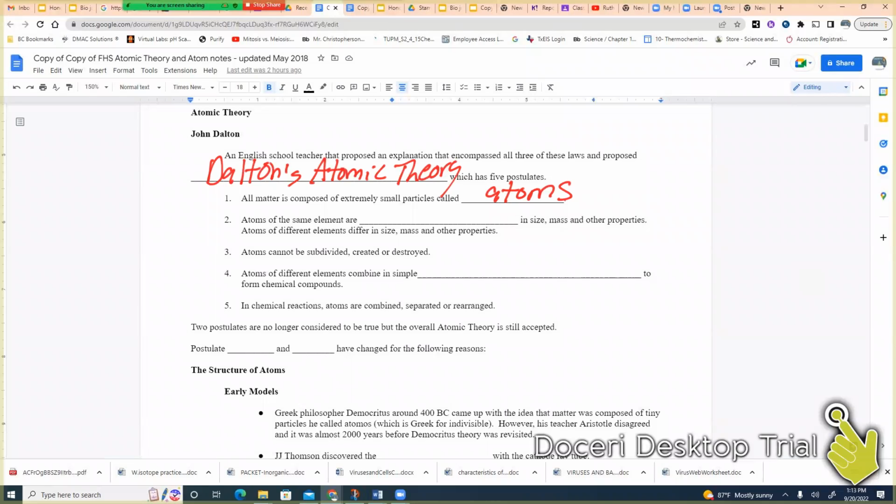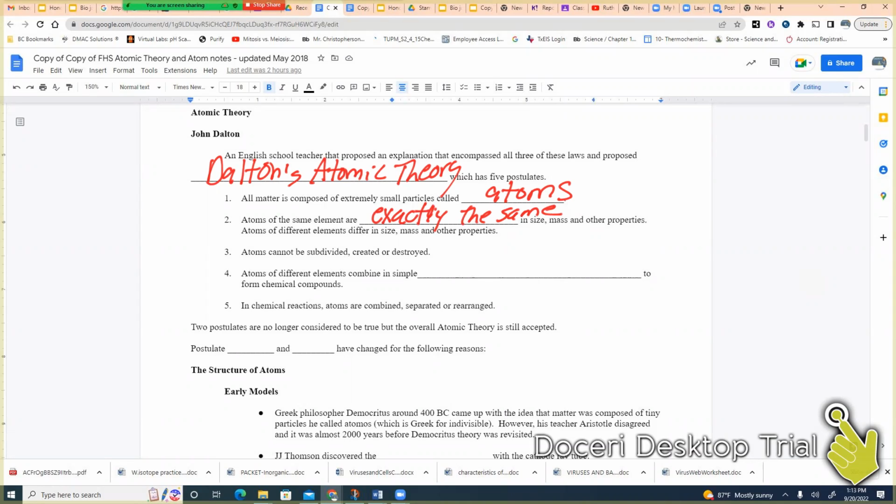Eventually it wasn't originally that word, but he did continue to use the word that was used earlier. Atoms of the same element are exactly the same in size, mass, and other properties. Atoms of different elements are going to differ in those same things. Atoms cannot be subdivided, created, or destroyed.